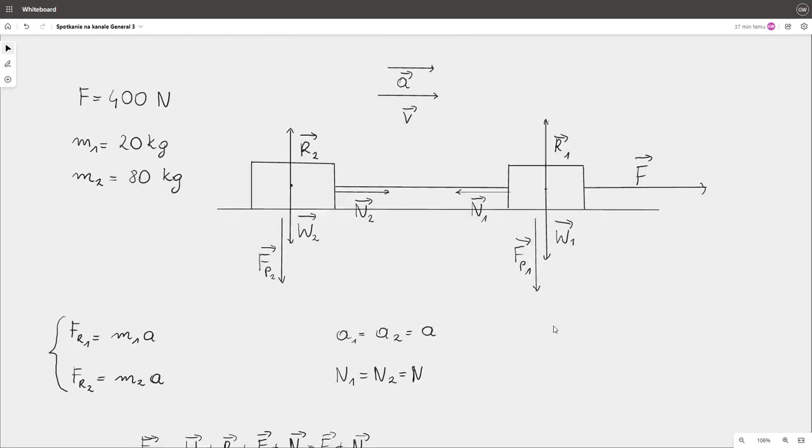Now, we'll try to calculate acceleration of bodies connected by light inextensible string on a smooth plane. Horizontal force F, we can call it external force also, is applied to the first body, and we assume that there is no friction.